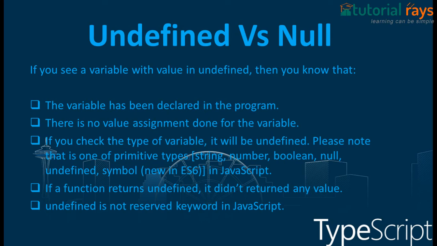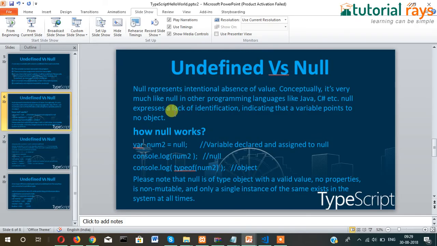Please note that undefined is one of the primitive types in JavaScript: string, number, boolean, null, undefined, symbol. If a function returns undefined, it doesn't return any value. Undefined is not a return keyword in JavaScript.